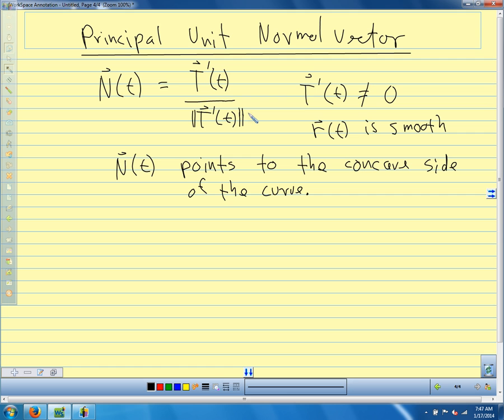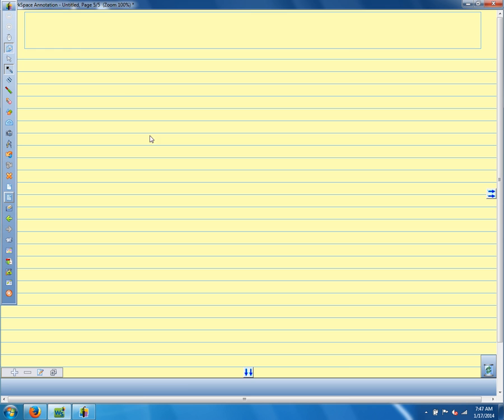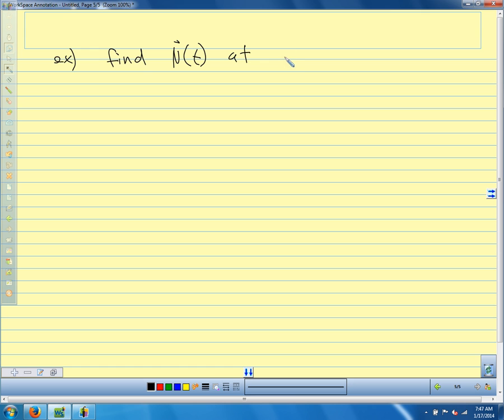All right, so let's look at an example of finding a unit normal vector. We want to find n of t at t equals 2 for r of t equals t i plus 1/2 t squared j.